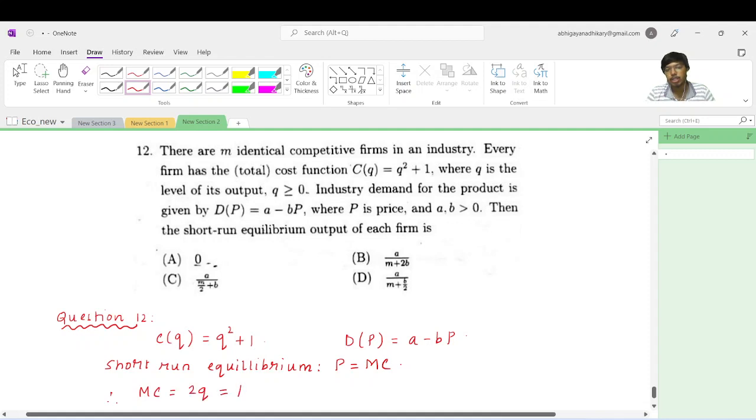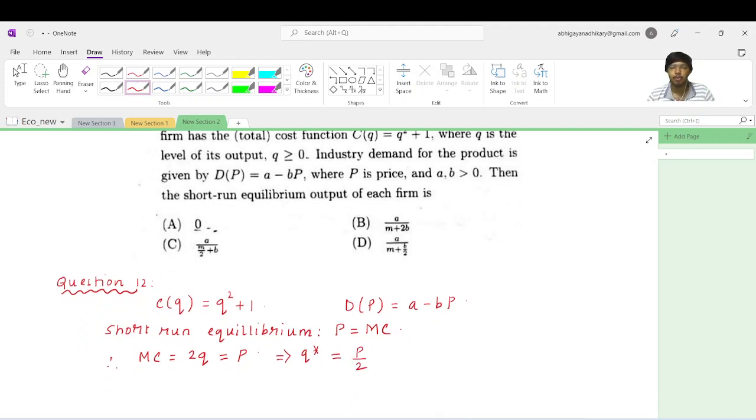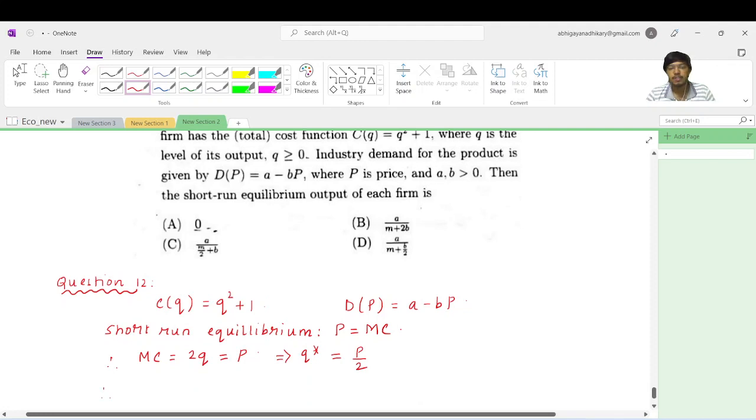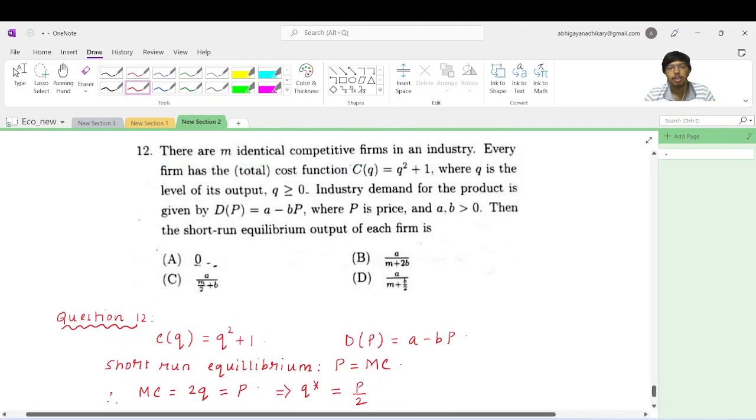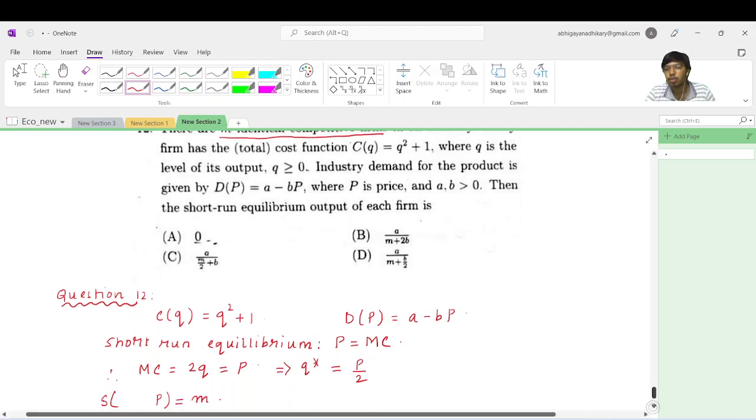So that should be equal to the price. Therefore, in the short run equilibrium, each firm will produce p by 2. Therefore, what is the supply in the entire industry? There are m identical firms, as has been mentioned. So what will the total supply be?